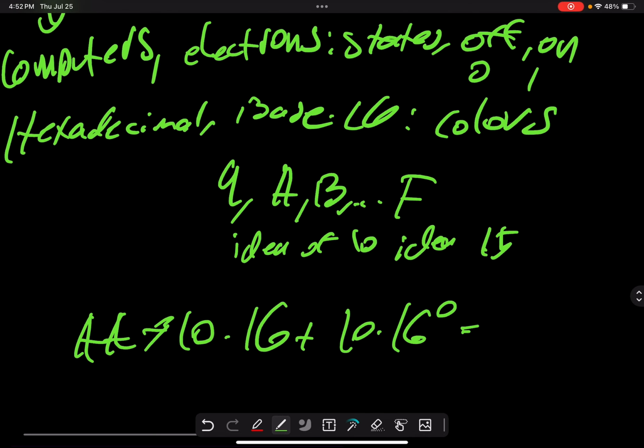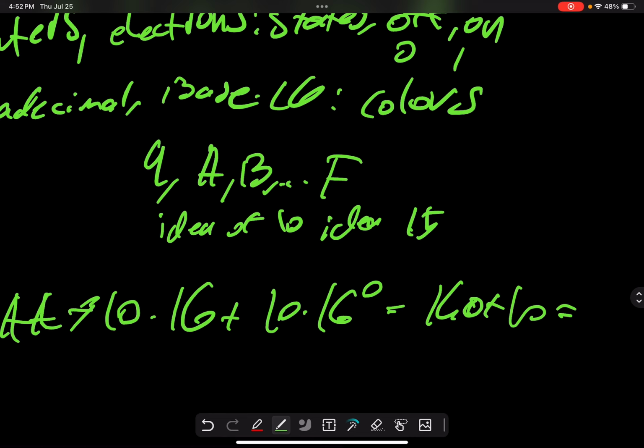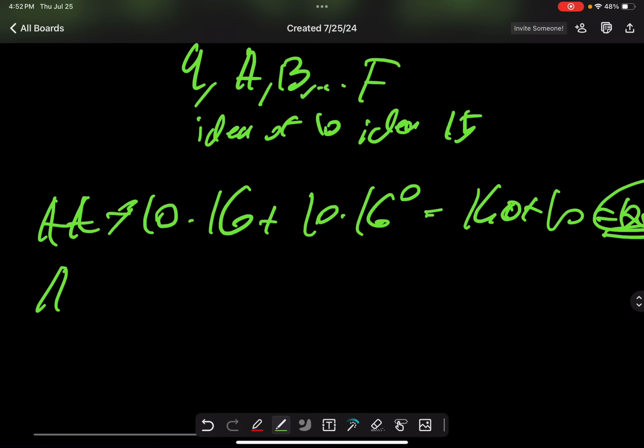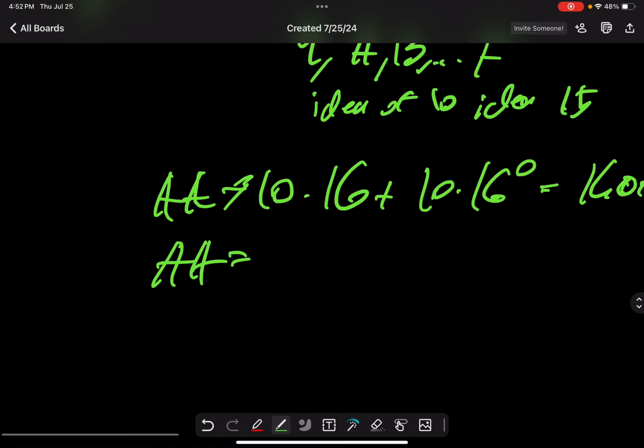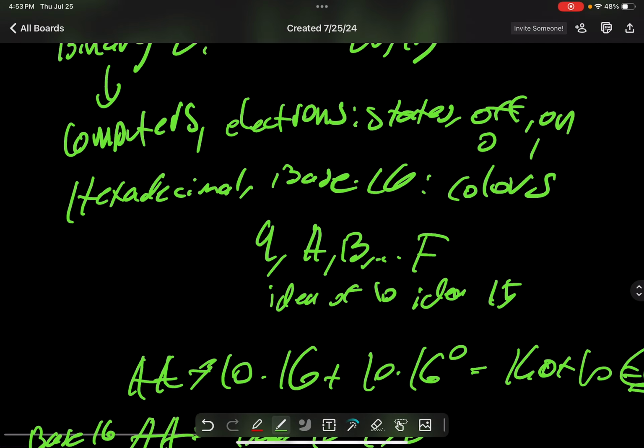So this represents 160 plus 10, which is equal to 170. So AA in base 16 is represented by 170 in base 10. Cool. So yeah, that's pretty cool.